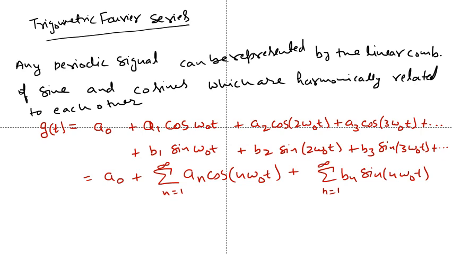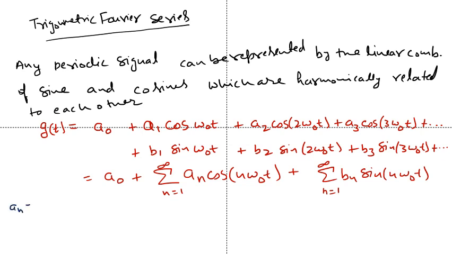Now here, what is A naught, what is An and what is Bn? Let me write down the expression, just using the analogy which you have seen earlier.